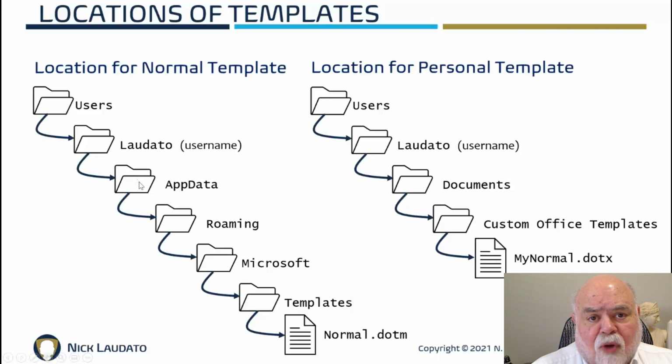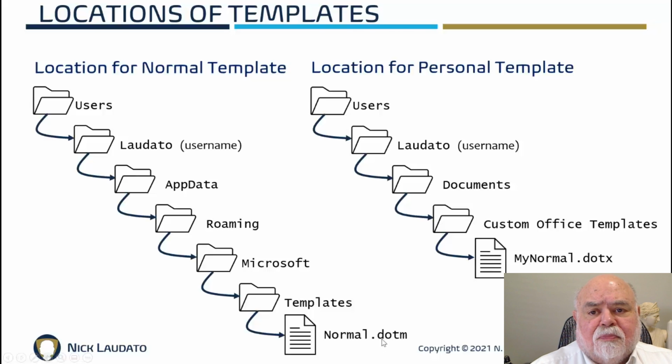Microsoft Word, when Office is installed, creates this whole hierarchy. It creates a directory called AppData that I think is invisible, a subdirectory called Roaming, a subdirectory called Microsoft, a subdirectory called Templates, and in that subdirectory is the normal document template. The M refers to macro, that it's capable of these macros.